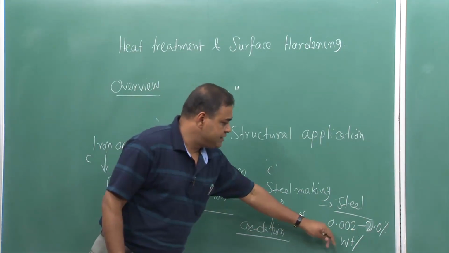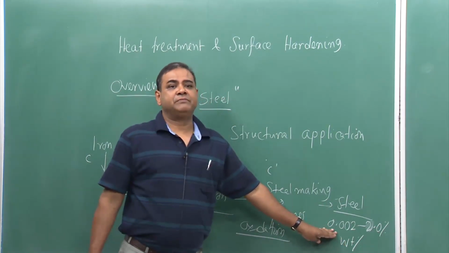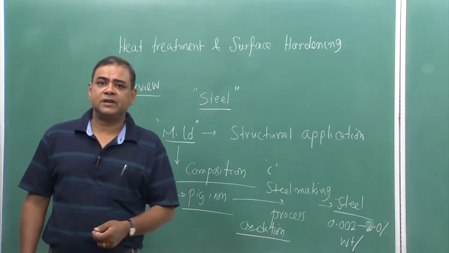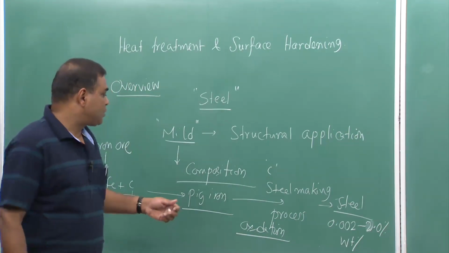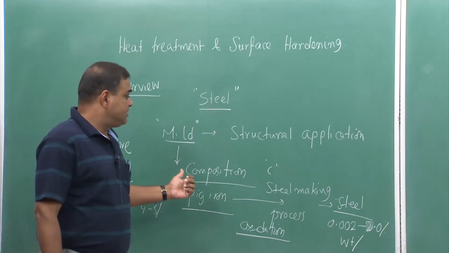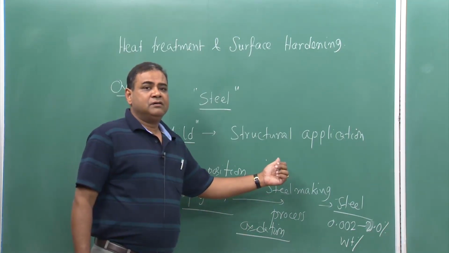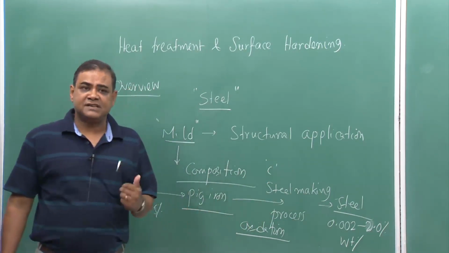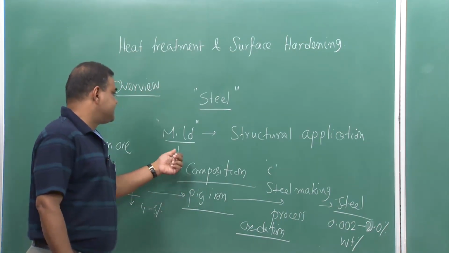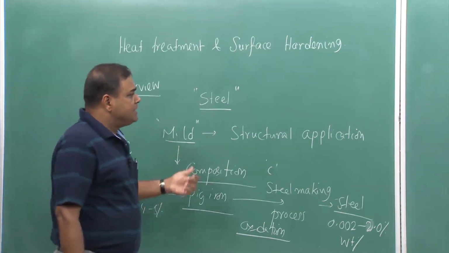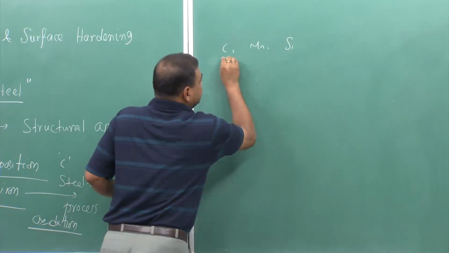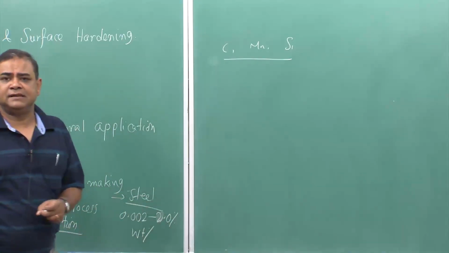Now, whenever we have different percentages of carbon content, at the same time we also come across other alloying elements during the processing of pig iron as well as iron ore, which leads to manganese or silicon content in the steel. So, mainly if we consider mild steel, we mainly have carbon, manganese and silicon, these three elements.